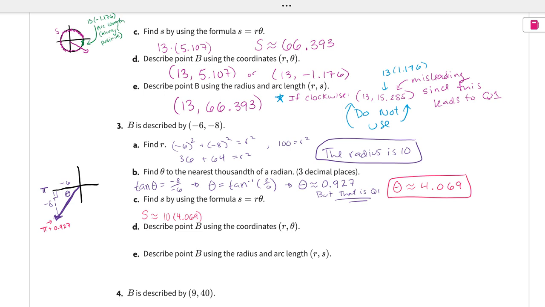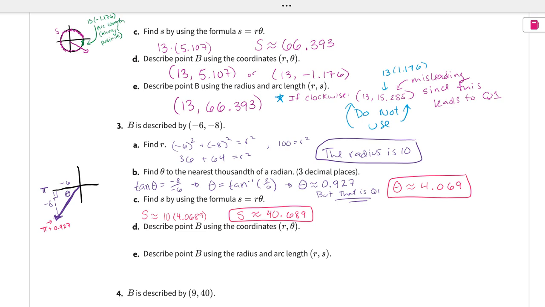Or if you want to use, I'm going to use the 4.0689 here, because when I multiply this by 10, if I want it to still be 3 decimal places, it's nice to have that extra one. So I have 40.689. We round up because it's 6888, so I round up.